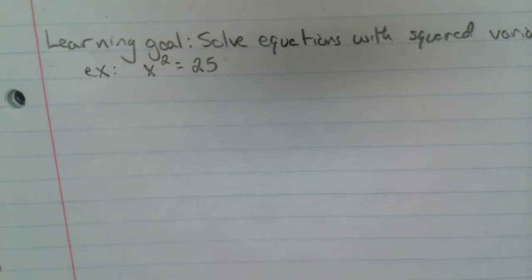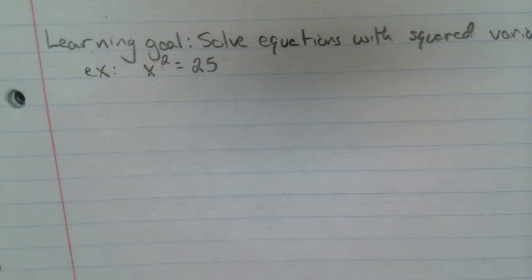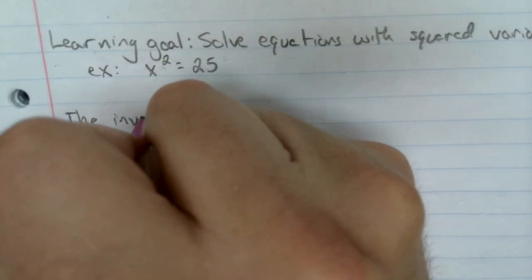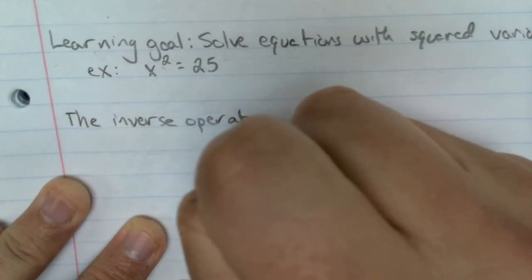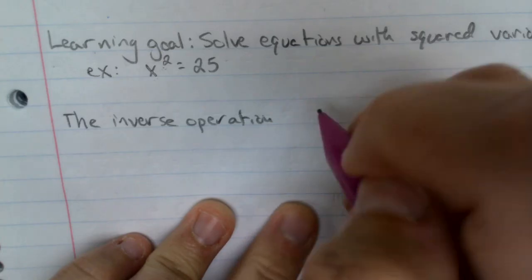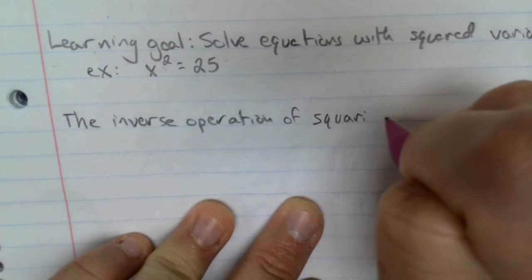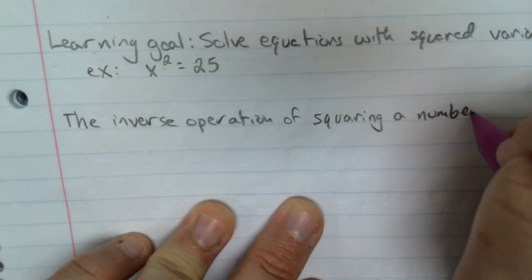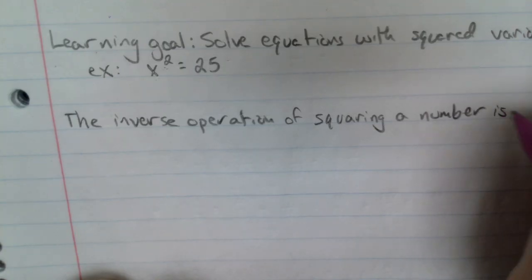Now, if we're going to solve this using inverse operations, it's important we identify what the inverse operation of this square is. So the inverse operation of squaring a number is taking the square root.